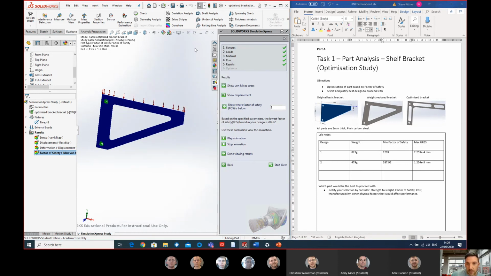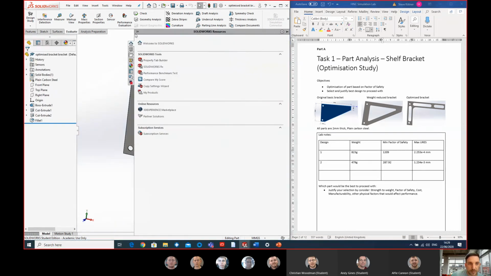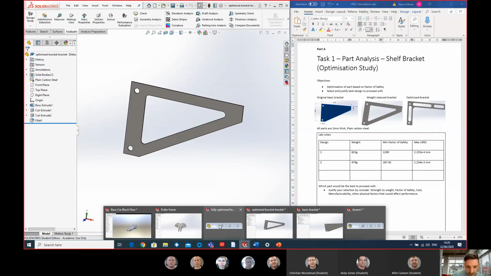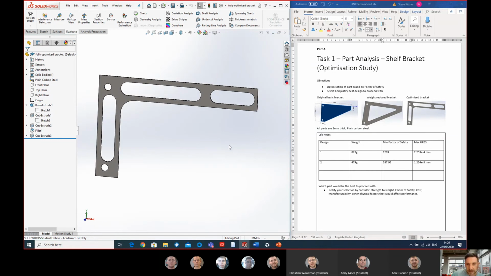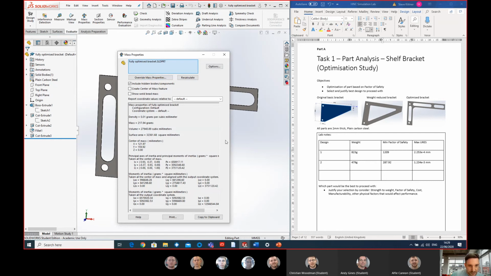Okay, so we're going to do it one last time for our final model, which is the fully optimized model, which is this one. So it's still plain carbon steel. Let's take a mass, 217 grams.